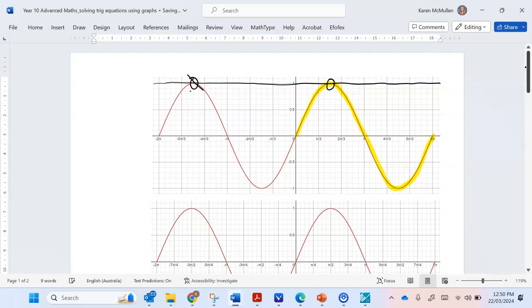So we're ignoring this solution over here and only looking at this first solution. Now I can see if I go down, all right, so going down, we want the corresponding x value, because remember we're solving for x. I am halfway between pi on 3 and 2 pi on 3. Okay, so somewhere between pi on 3 and 2 pi on 3.